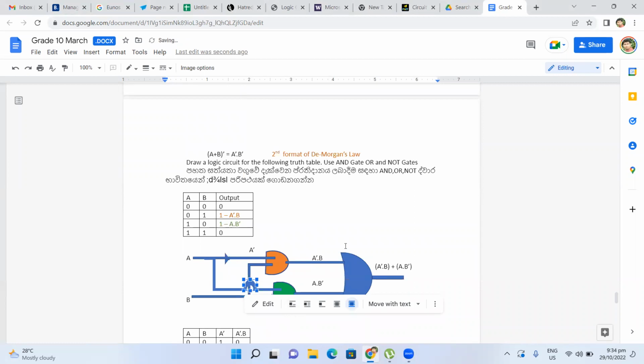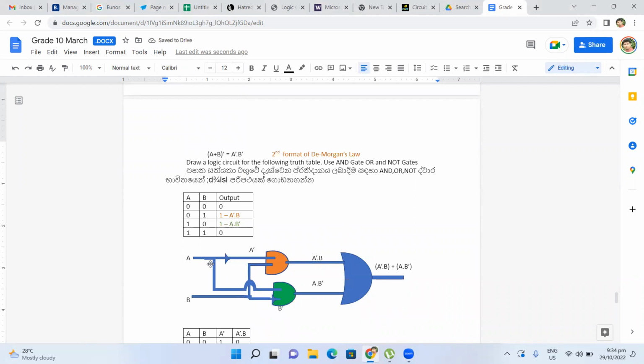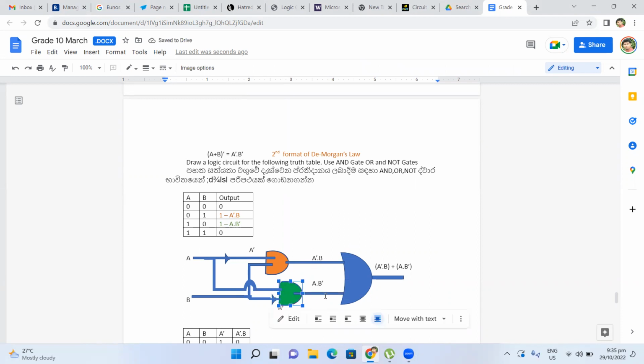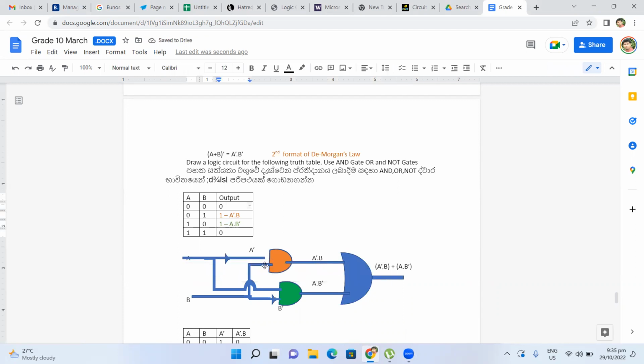Right? Okay, I hope this is clear now. So see, A not B, then this one is A, B not. Actually, when I added this to the Google Docs, it changed some parts. That is the reason why you cannot see this properly.